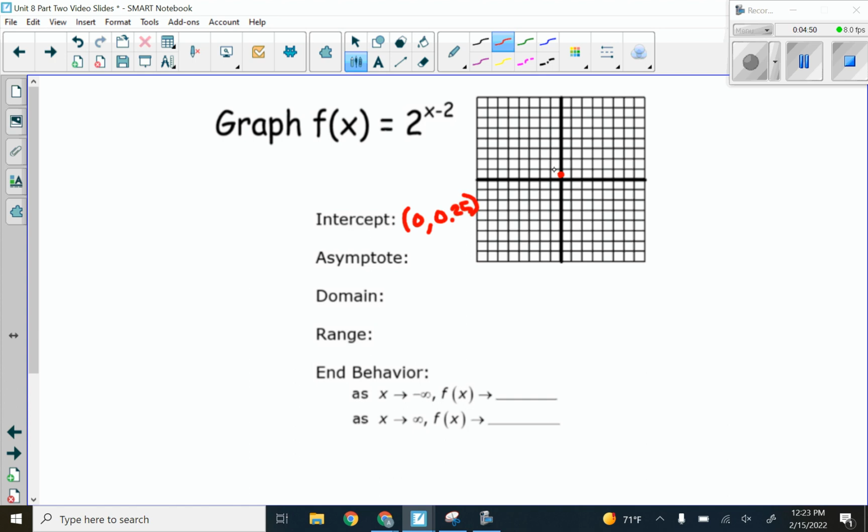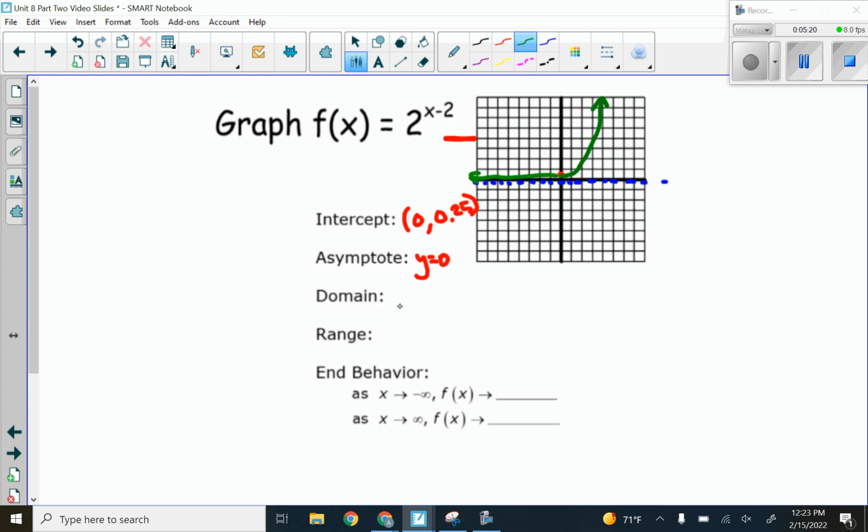Our asymptote, we're still not adding or subtracting anything here, so we don't have that k value. So our asymptote is still at y equals 0. So I'm going to have that dashed line there for my asymptote. And we're going to get very close to it, but not touch it. And then we're going to go up.